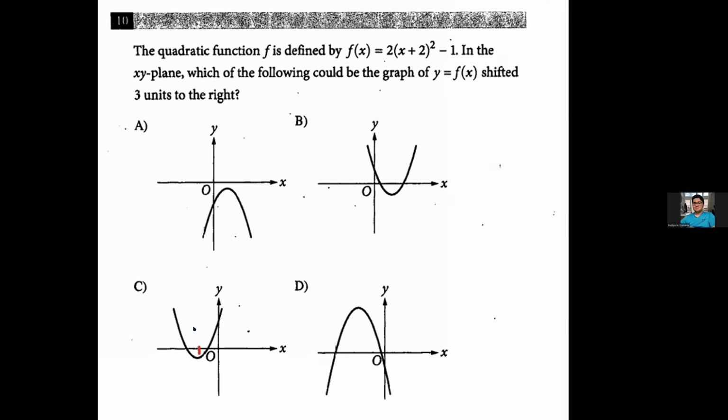And since this is just a constant and it's not negative, x minus 2, it's opening up. So in this case, shifted 3 units to the right, it would just be negative 2 plus 3, which would just be 1. So it would be something like this, where this is 1 and this is 1. So the correct answer is B.